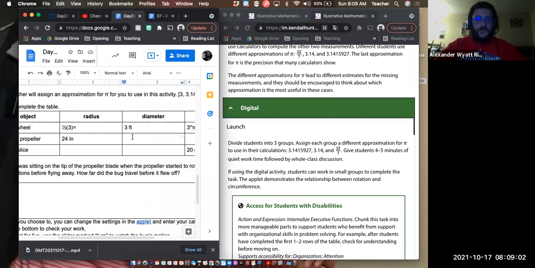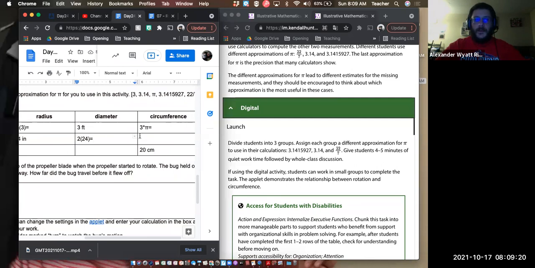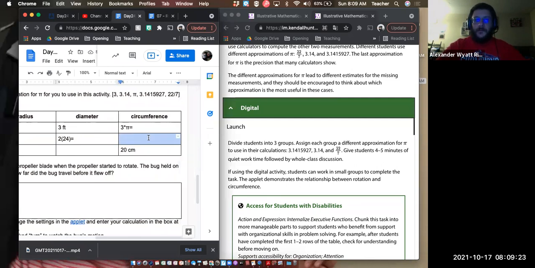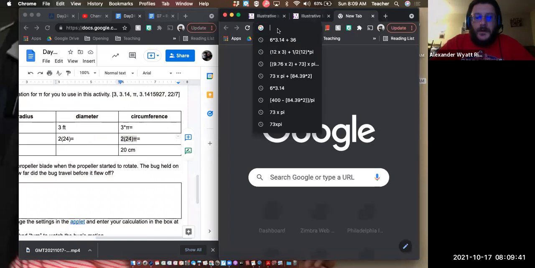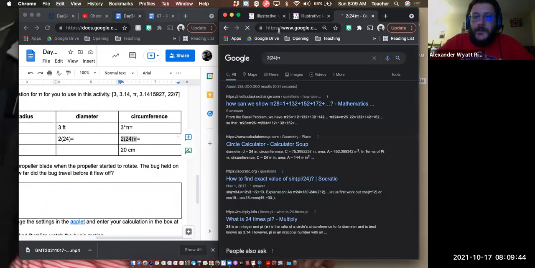Okay. If you got 24, the diameter is 2 times the radius, so that would be 2 times 24, right? And then that number times pi, 24 pi, equal to, and you can put this up in your Google spot, and it will actually come up with the answer.